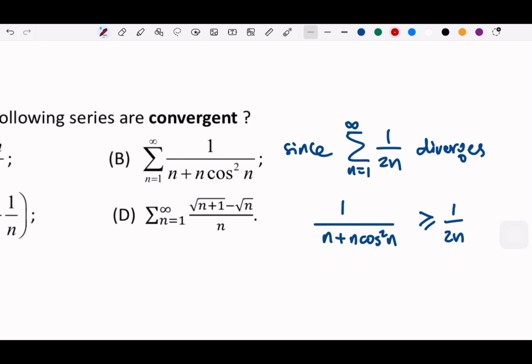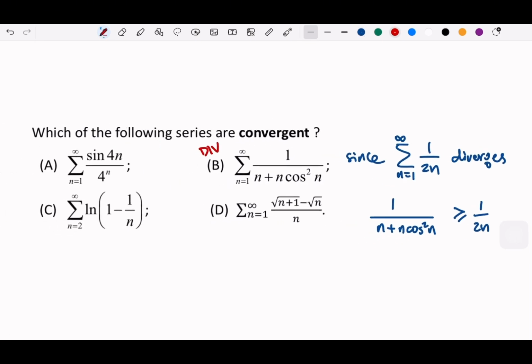So this diverges by the comparison test.